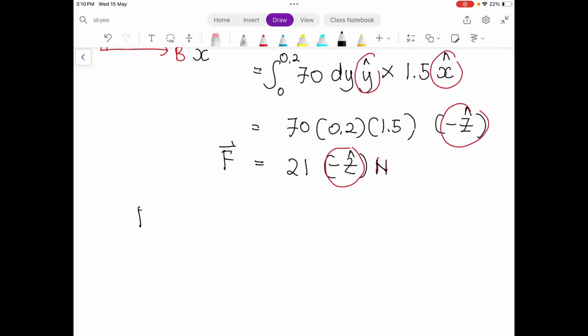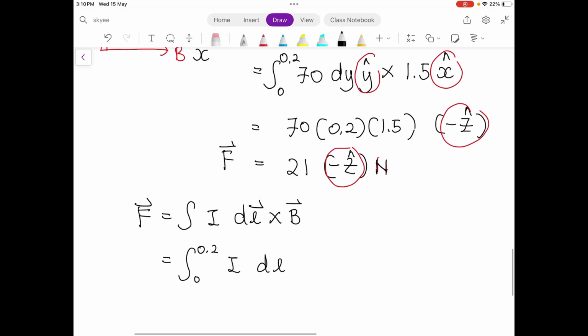So you can rewrite this as the integral from 0 to 0.2 of I dL multiplied by B and also the angle difference between them, which is sine 90.